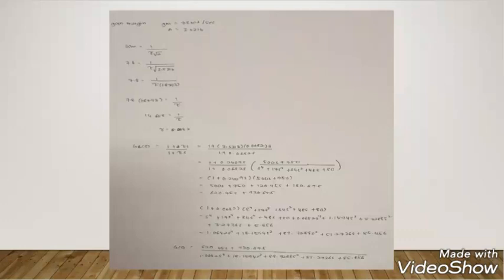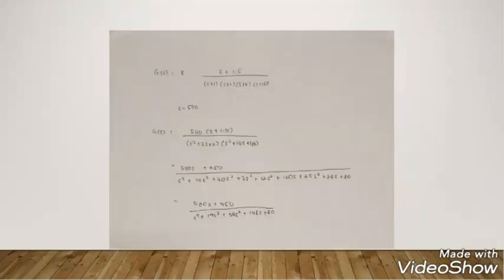You just multiply, and then you get a new transfer function, 620.55s plus 930.575 over s plus 480.